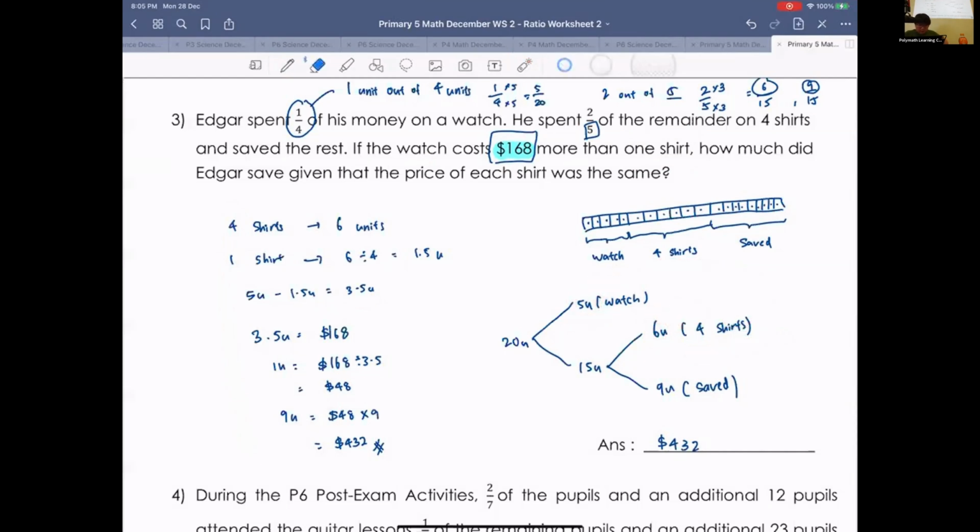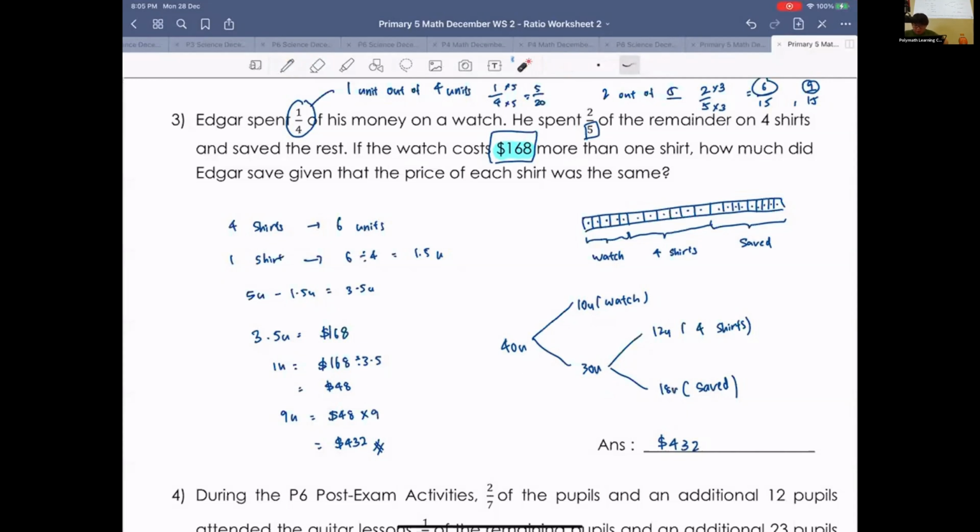Or I can again cut them into smaller units, times 2. Now, when I cut them, I will erase and rewrite again. 40 units. 5 units times 2 is 10 units. 15 units times 2 is 30 units. 6 units times 2 is 12 units. 9 units times 2 is 18 units.